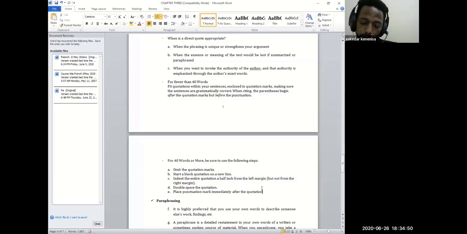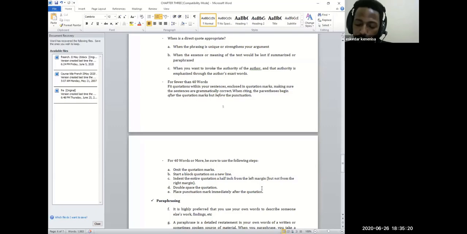Okay. Therefore, we have seen one way of citation, that is quotation or direct quotation. The second way of citation is paraphrasing. As I have already said, it is preferable to put it in your own words, in your own language, or to paraphrase it.